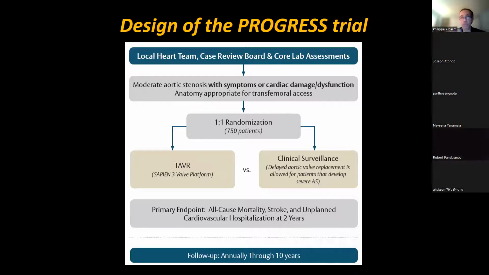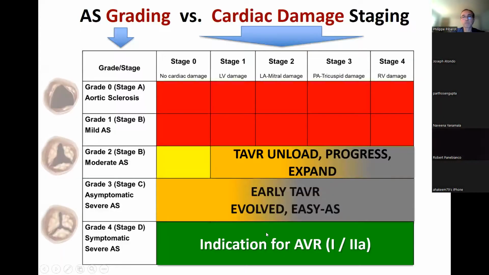It's not all moderate AS, but it's larger than the TAVR UNLOAD trial that focused mostly on the patient with a low EF. Here you can have patients with, for example, preserved EF, but low flow state, such as the paradoxical low flow, they would be included. So it's 750 patients, randomized 1-to-1 to, again, TAVR versus clinical surveillance. And the primary endpoint is all-cause mortality, stroke, or cardiovascular rehospitalization.